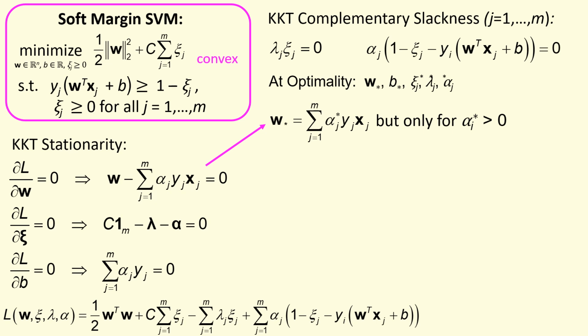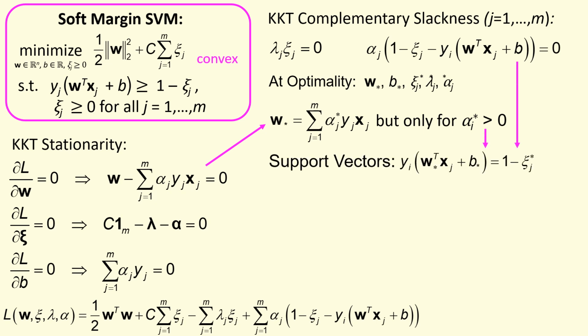And that came from the first KKT stationarity condition. And that means we get support vectors from the fact that when alpha sub j is greater than 0, this quantity in the parentheses has to be equal to 0, and we get y sub j times the quantity w star transpose x sub j plus b star is equal to 1 minus the slack sub j star.